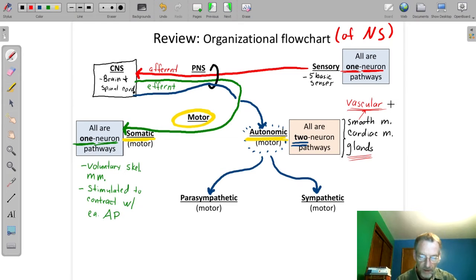Okay, so just to wrap this review up, remember that parasympathetic is rest and digest, and sympathetic is fight or flight. But in both cases, we're still talking about the same effectors. And those effectors, again, are smooth muscle, cardiac muscle, and glands.